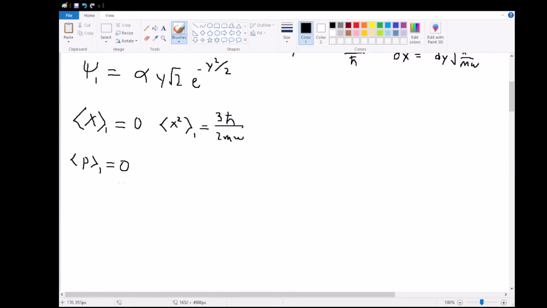Finally, our last integral, and it has been a very tedious process to get here, the expectation value of p squared. So the expectation value of p squared in the first excited state is going to be equal to the integral from negative infinity to infinity, again, of psi 1 times negative h bar squared d2 by dx squared of psi 1 times dx.